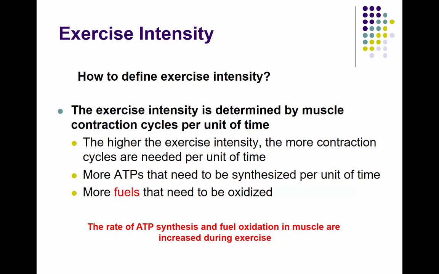I'm talking about long-term exercise, as you gradually increase the intensity. Then you need more ATP, you synthesize and oxidize more energy fuels during exercise in order to maintain the same levels of exercise performance.